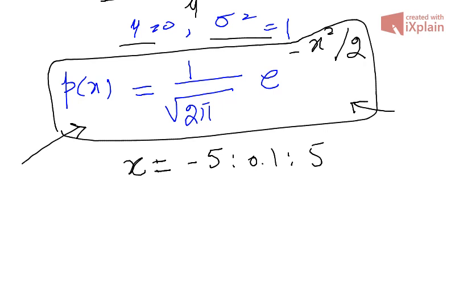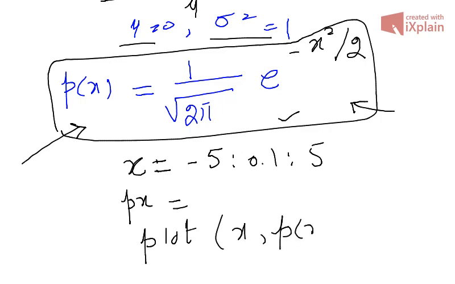Then you write the expression for your p of x in Octave, which is very simple, and you just use the plot command to plot x and p of x, because we have to use this variable.